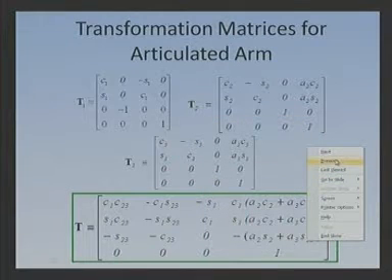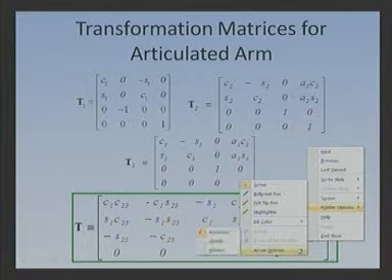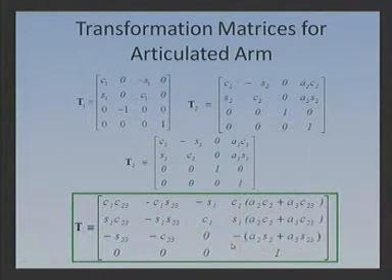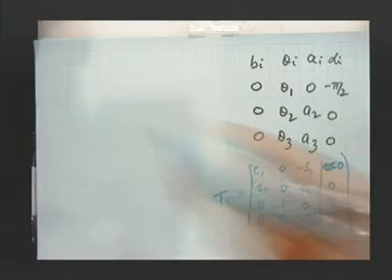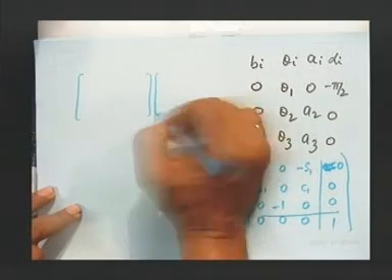Then similarly for T3 you can have it. Now, let us do the multiplication of T1 T2, and then the resultant of T1 T2 with T3 I will leave it to you, but let us try to do this T1 T2 on the paper here. So, I have T1 here, T2 here.